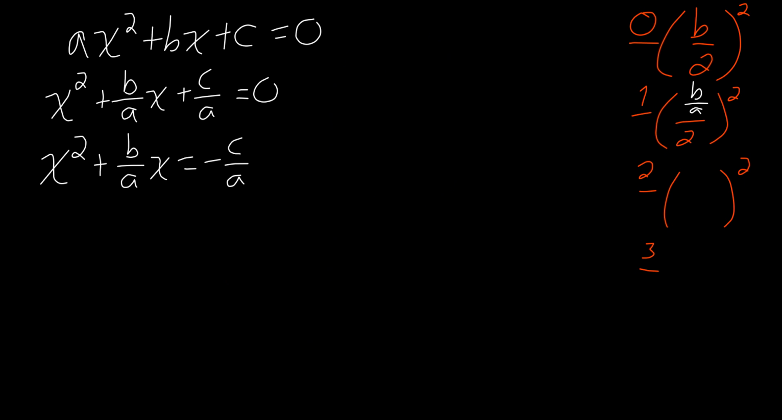So we're going to have b over 2a. All right, well, b over 2a, I square it, so it becomes b squared over 4a squared. Okay, so if you recall, step 3 is what I add to both sides, right? So let's go ahead and do that.